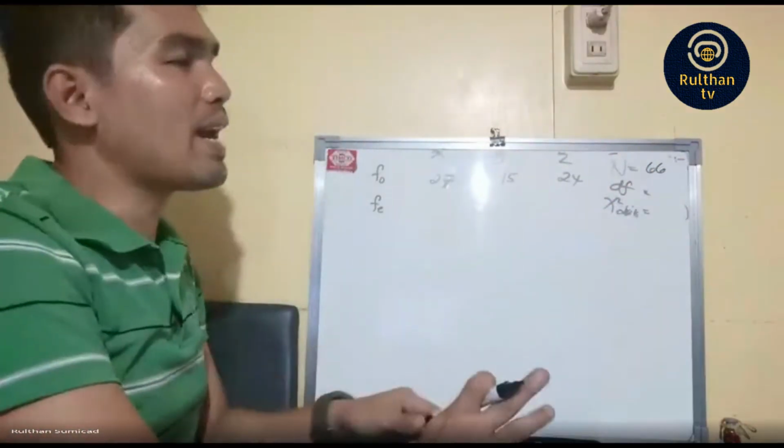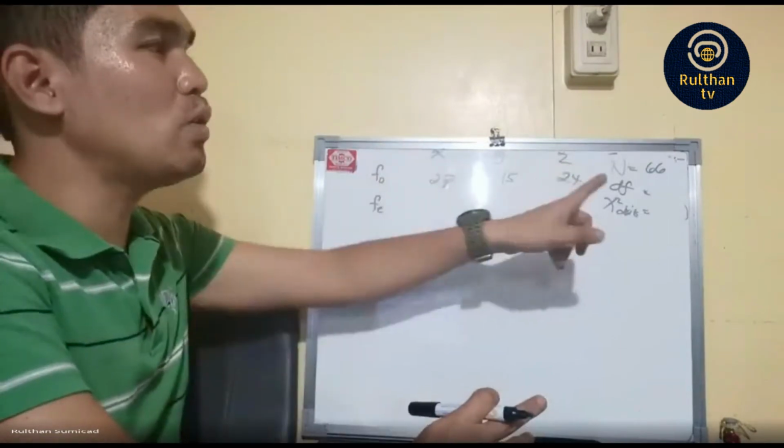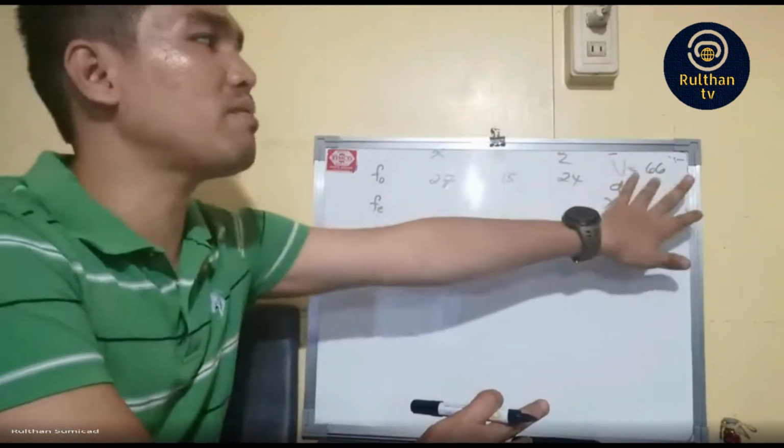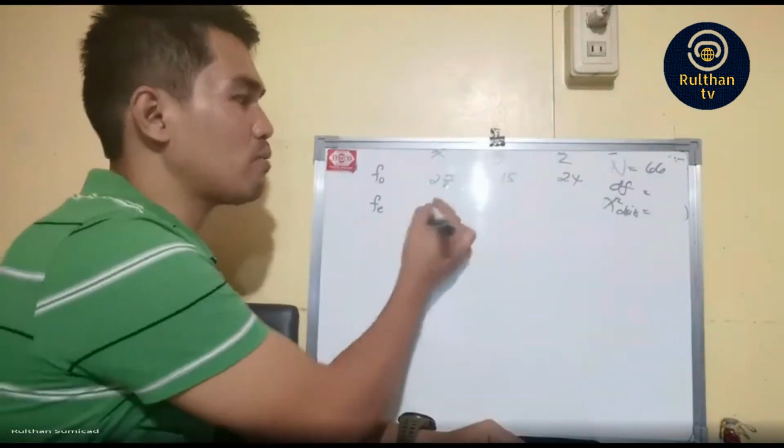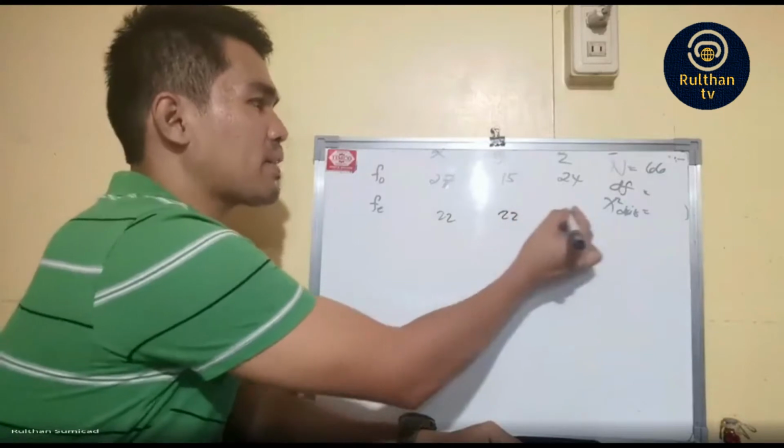Now 66, and take note, our expected value must have the same number as us. So this must be divided into 3 for there are 3 brands, giving us a result of 22 for each expected value.